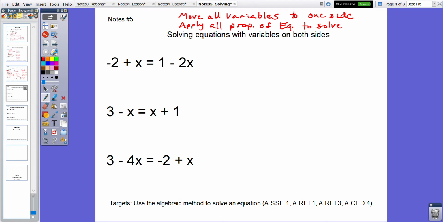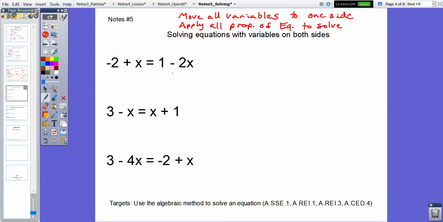For the first example, we have -2 plus x equals 1 minus 2x. There are multiple steps we need to take here, and we want to do it in a way that leaves us with the most amount of positives. I have a positive x on the left side and a negative 2x on the right side, so I'm going to eliminate that negative 2x by adding.